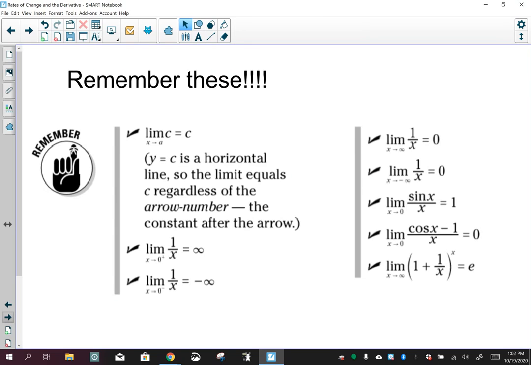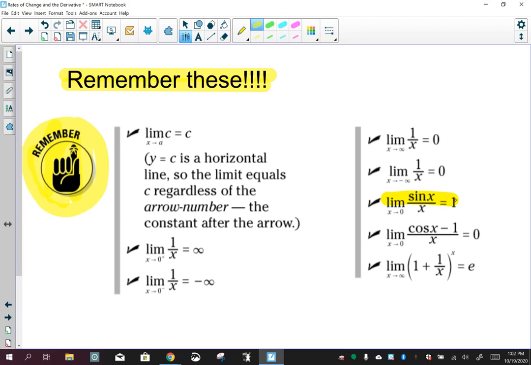If you do not have these in your notes somewhere, you need to make sure you have these notes, and you actually need to commit these to memory. These are some of the things you're going to be expected to know, especially when it comes to AP exam time. You need to make sure you remember these. That's why you have the little remember thing over here and the little string tied around your finger, because all of these are really important.